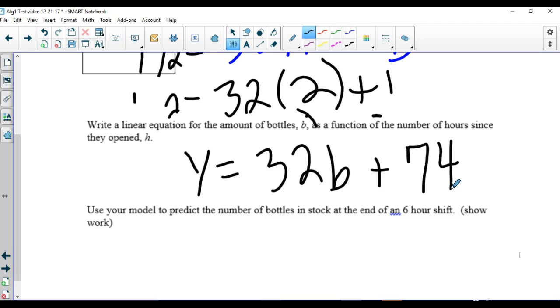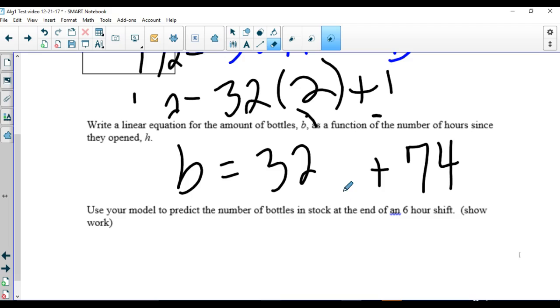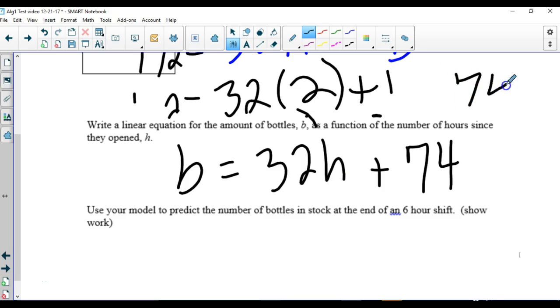Oh, actually, I'll do that differently because this is your b. And it said open hour, so this should be your h. So again, our first answer was 74.